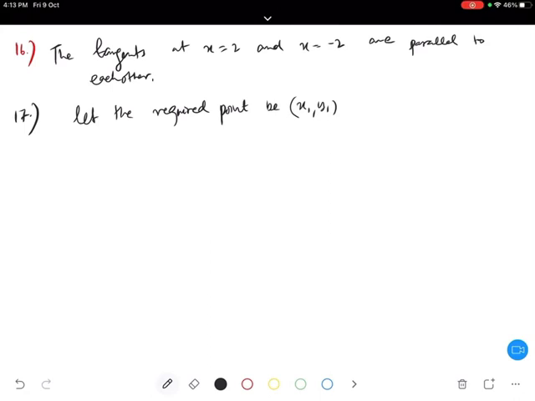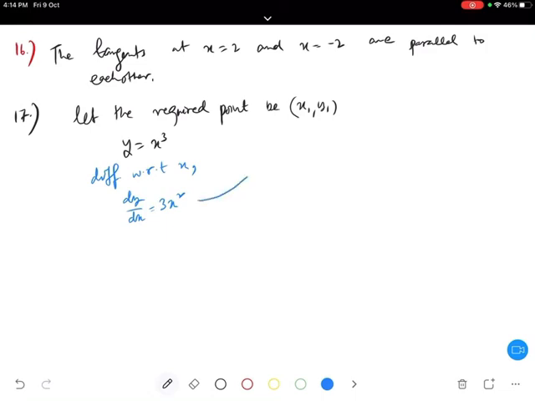This is the slope of the tangent, but I need this slope at the point x1, y1. So the slope of the tangent at x1, y1 will be dy/dx at x1, which is equal to 3x1 squared. Everyone clear?